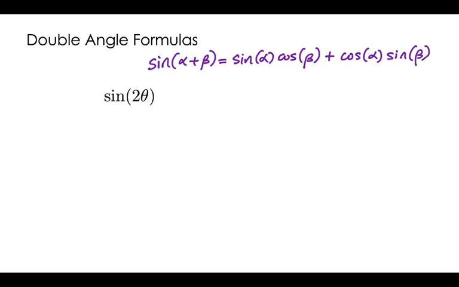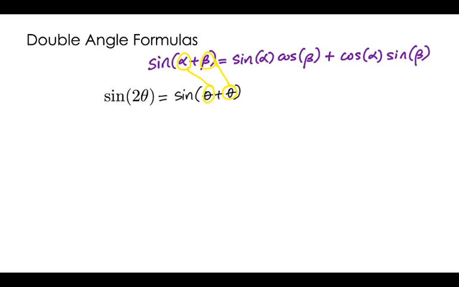I'm going to use that because sine 2 theta, I can actually think of as sine of theta plus theta. That's the same thing. And so I can think of this theta as being alpha and this theta as being beta.